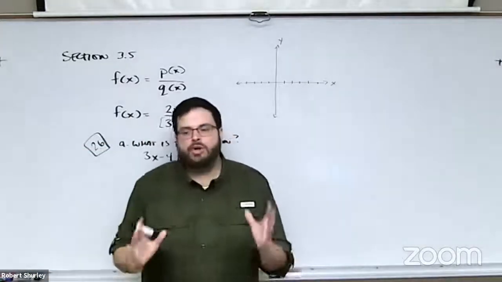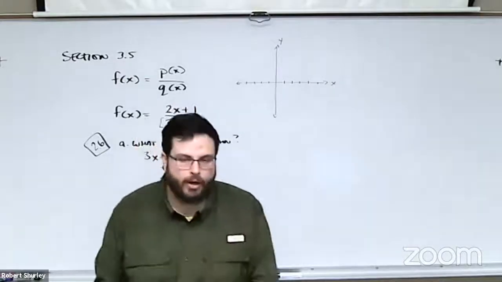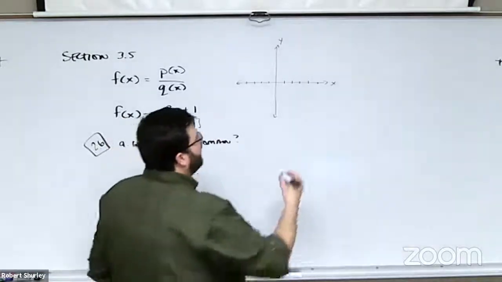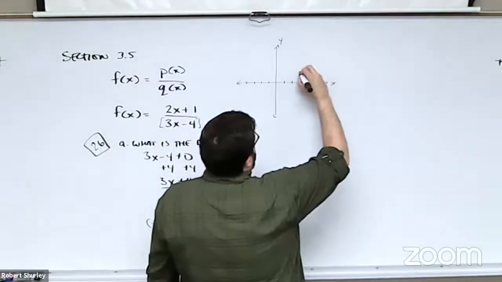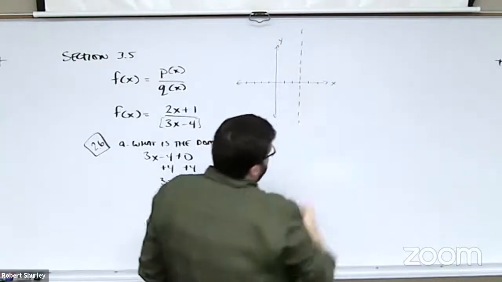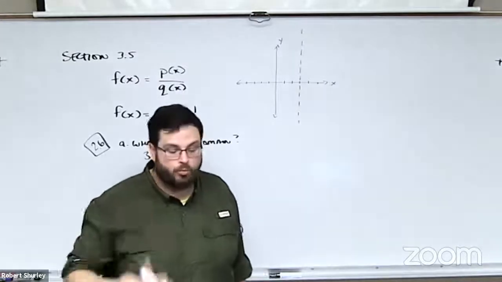Now, asymptotes are really just a boundary for where our function can exist. It's like a fence in a way. And visually on a graph, it'll look like this. If I have a vertical asymptote, it will be a dashed line. If you've got your book open, you can see what I'm talking about on page 406, in your homework, actually.